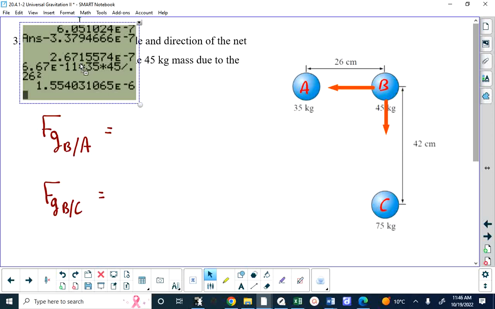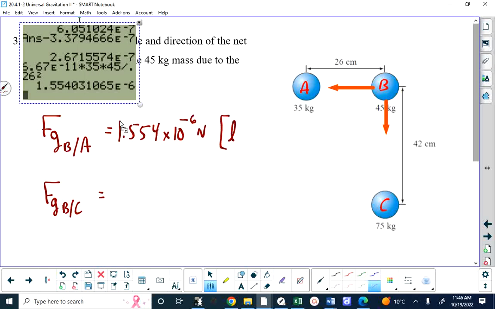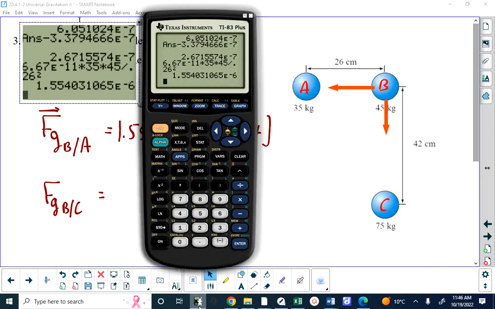Yes? So, 1.554 multiplied by 10 to the negative 6 newtons. And, you know, if we want, we can put left so that we can talk about the vector. I don't think you need to necessarily write left. You can see that it's to the left by looking at the diagram. And then what do we have?